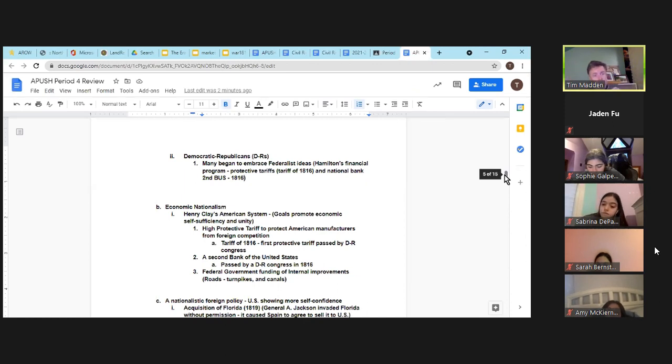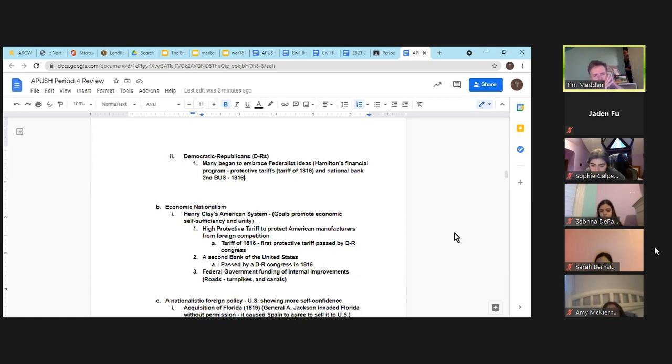Sometimes people who embraced Clay's American System, before you had the Whigs, some historians refer to them as neo-federalists. What's different between his proposals and Hamilton's is the third proposal, where Hamilton was using debt to unite the country.